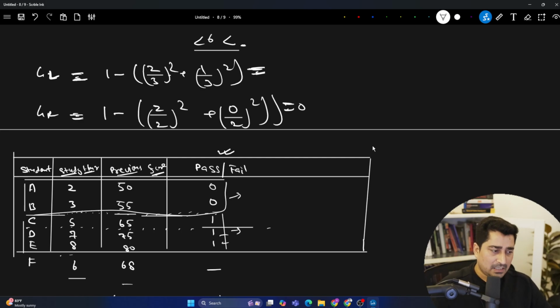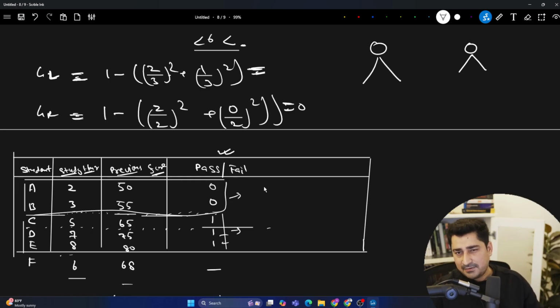Now, whenever we are trying to split data, if I'm going to ask you a question: suppose I'm trying to build a tree, and I have two options. One, a split at criteria 6, where study hour is lesser than 6 or greater than 6, and a split at criteria 4.